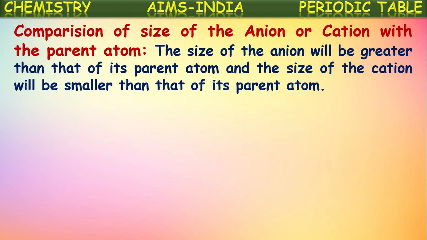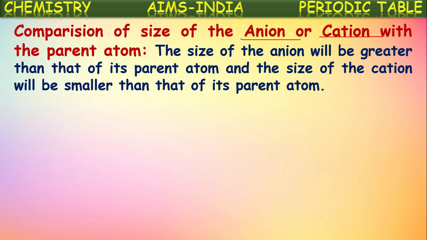Before going to understand this, let us first know about anion and cation. What is anion? What is cation? We know anion means the charged particle formed by the gain of one or more electrons by the atom. When an element or atom gains one or more electrons, it forms a negative ion, which is called an anion.